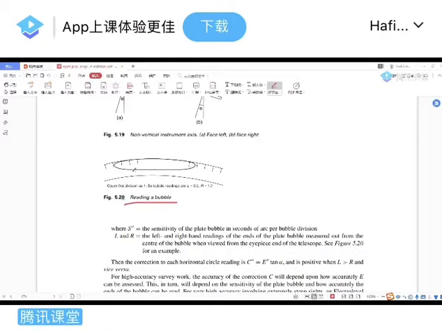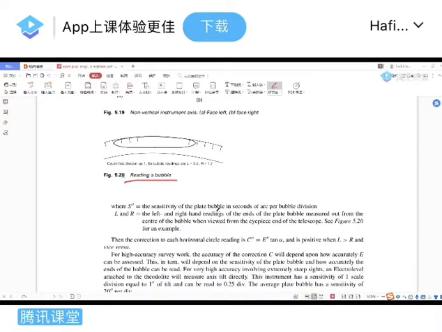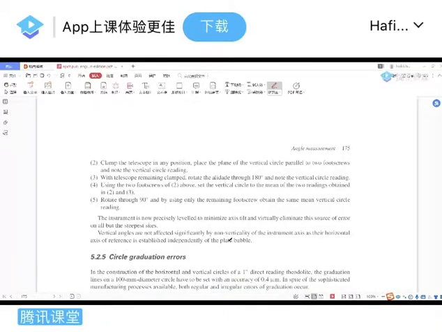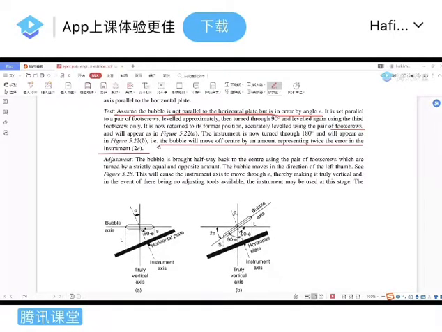Also, your bubble. Normally, the bubble is for adjustment, just to put the button in. For the optical one, you test it: you put the bubble at the center, otherwise there are some errors.